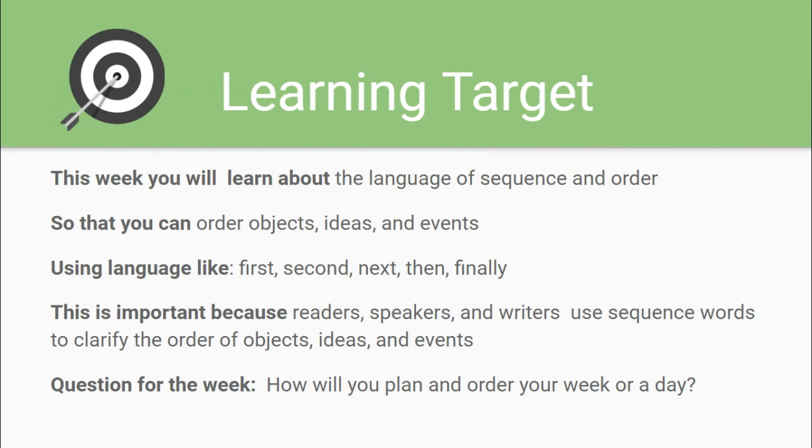Because readers, speakers, and writers use sequence words to clarify the order of objects, ideas, and events. So as we go through this lesson and after the lesson, I want you to think, how do you plan and order your week? Or how do you plan and order your day? What do you do first? What do you do next? What do you do at the end, finally?